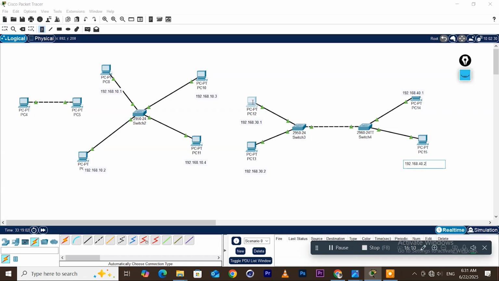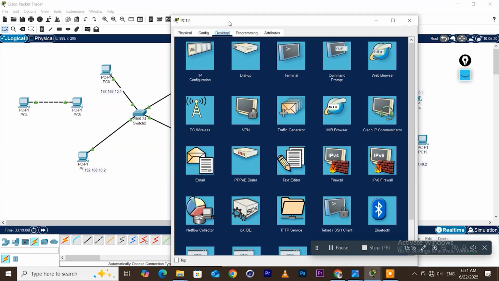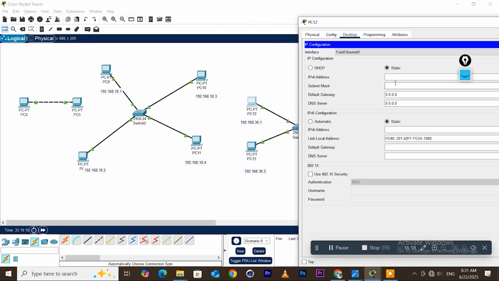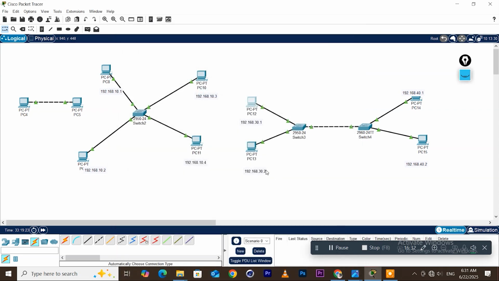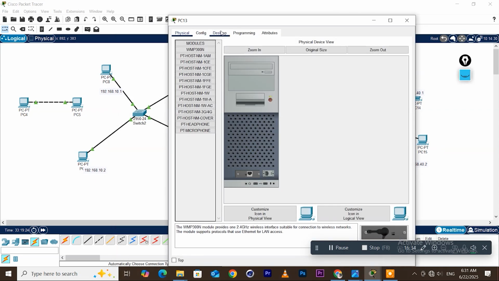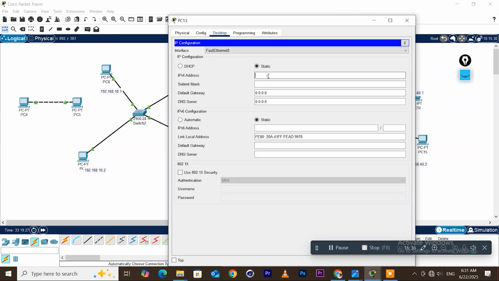Let's go into the computers and assign these different IPs. Here we have 192.168.30.1 with the default mask 255.255.255.0. Come here, give it 192.168.30.2.